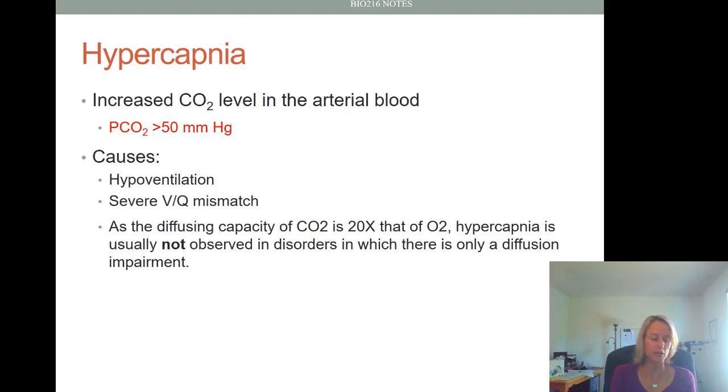So remember, we said with VQ mismatch, we start with hypoxemia, maybe a little hypercapnia, but this increases as our VQ mismatch worsens over time. And then I mentioned, once again, with a diffusion impairment only, we usually do not see hypercapnia, only hypoxemia.